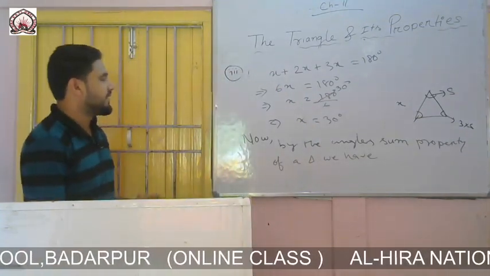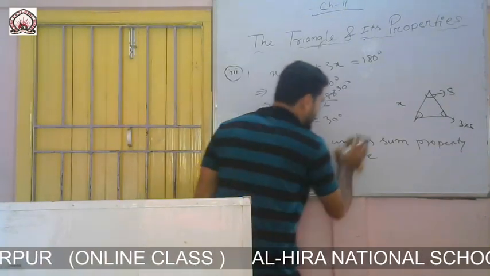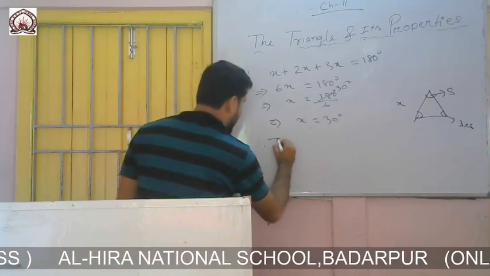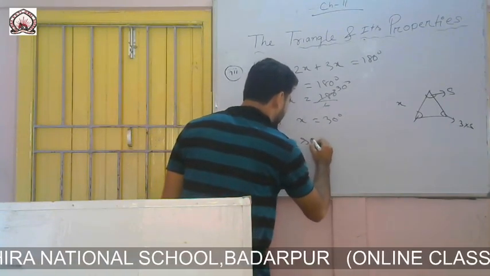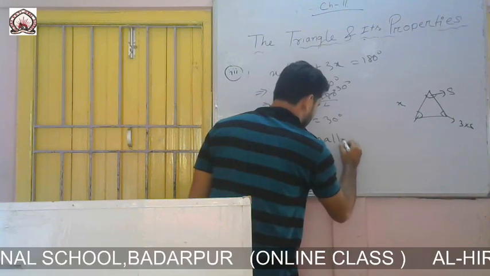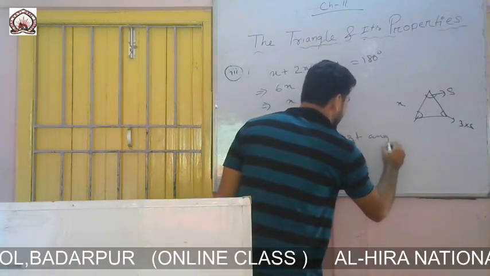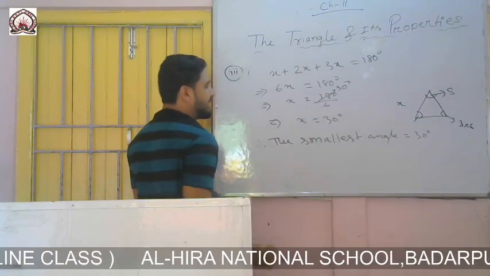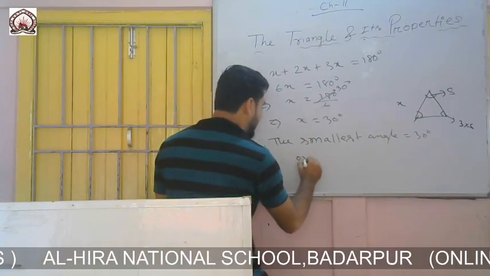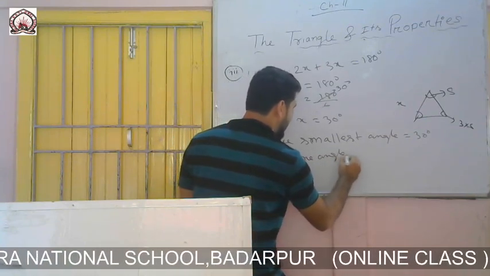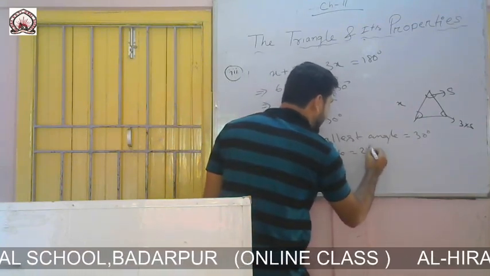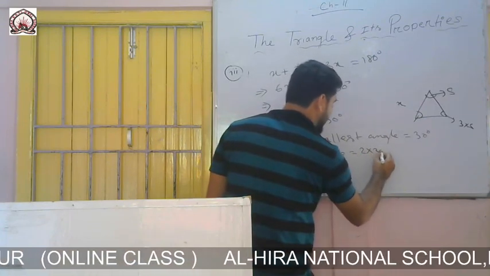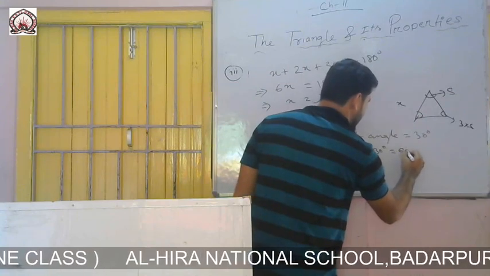Now I can find the other two angles. Therefore the smallest angle equals 30 degree, because we have let it be x in the earlier portion. And one angle we have let as twice the smallest angle, that means twice 30 degree, you can write 60 degree.